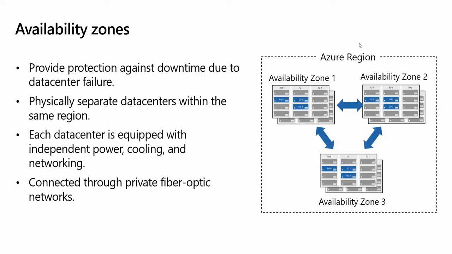And they're connected together with private fiber optic networks, so there's very low latency between them. So if one zone happened to go down, in this example, let's say availability zone 1 went down, availability zone 2 would be fine because it's independent. As a reminder, not all regions have the same availabilities. You want to make sure they have the architectural structure you need before deploying your resources.